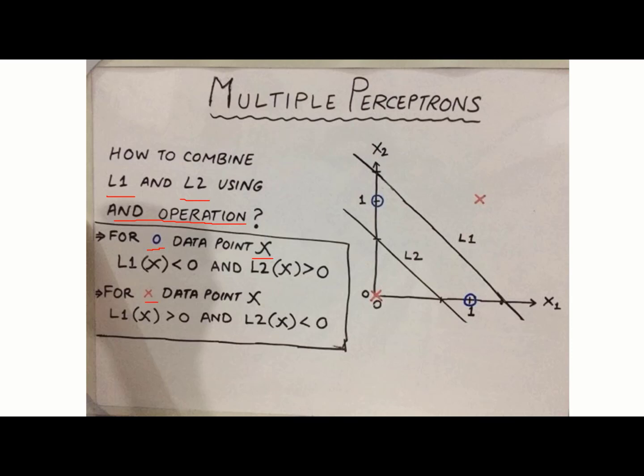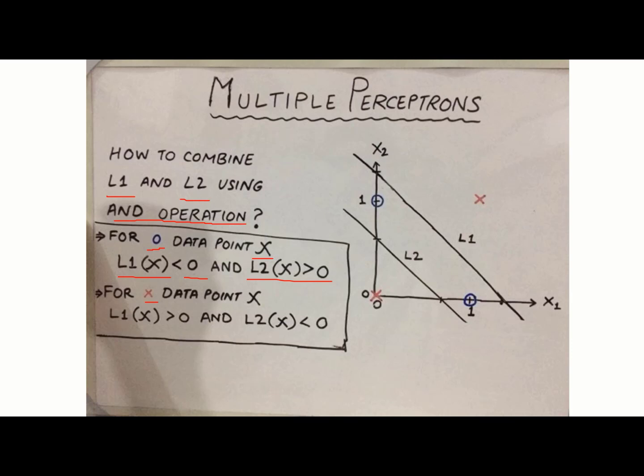And we know from our knowledge of straight lines that if a point is lying below a straight line L1, then if you plug that point into the equation of the straight line, the answer will be less than 0. And if a point lies above the straight line, and you plug that data point into the equation of the straight line, the answer is greater than 0.